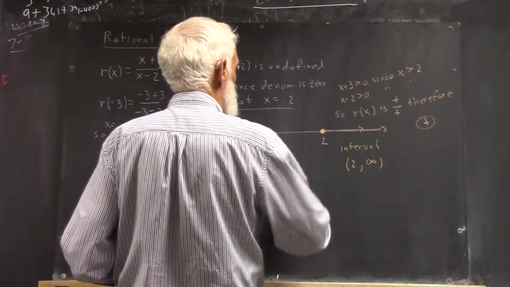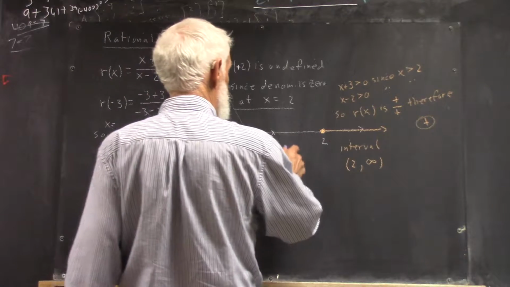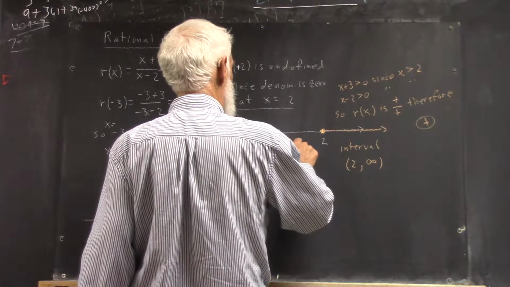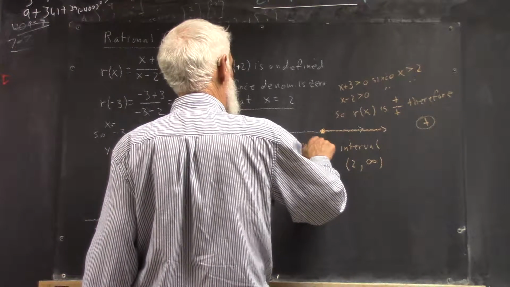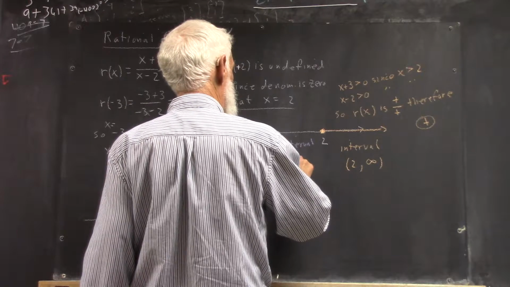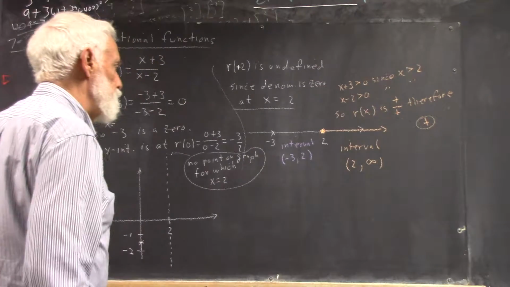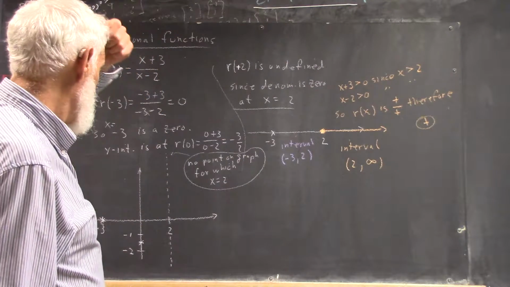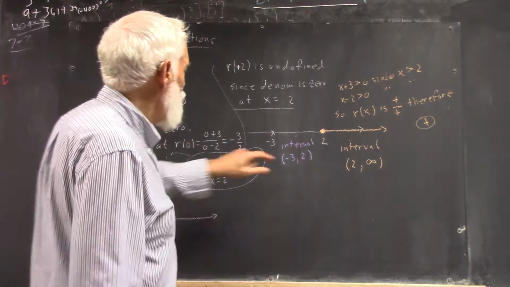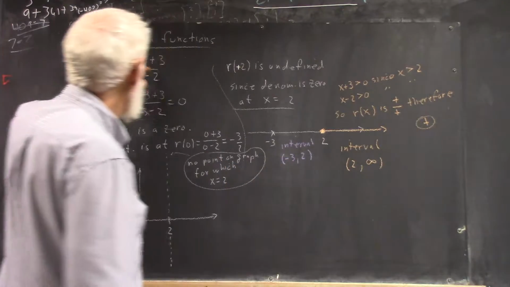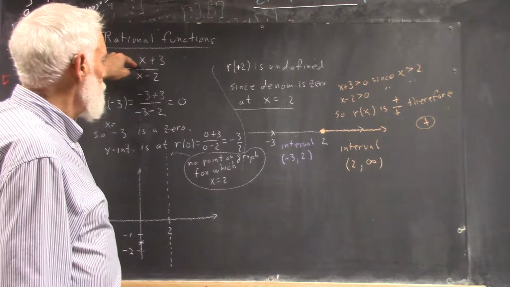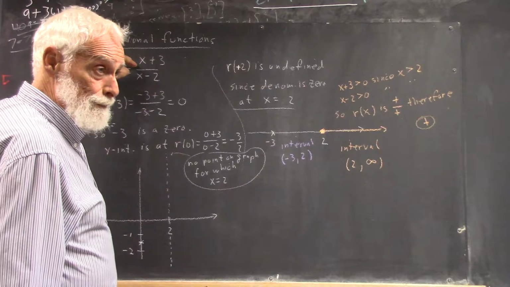Now, on this interval, between -3 and 2, x plus 3 is still positive.